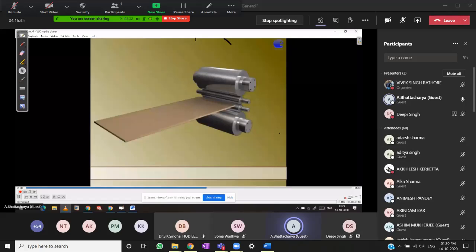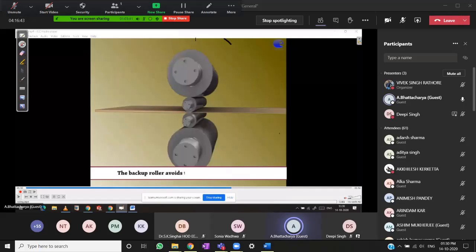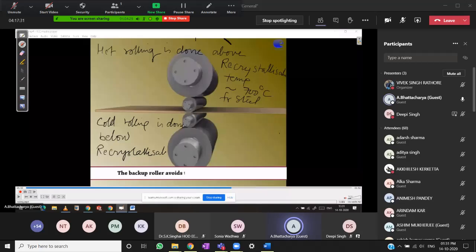Let me give you a small tip: hot rolling is done above the recrystallization temperature, which is around 700 for steel, and cold rolling is done below the recrystallization temperature.